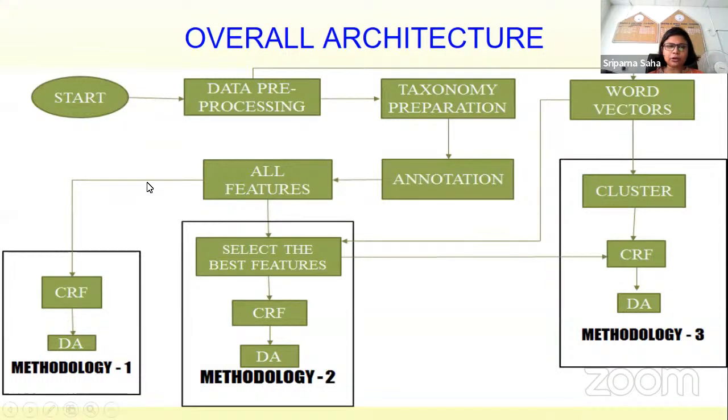In methodology one, which is the very simple one, we manually extracted some features. For example, if it is a question, then it will start with some WH words: what, where, who, or how. Whenever we ask a question, it will start with WH or how.